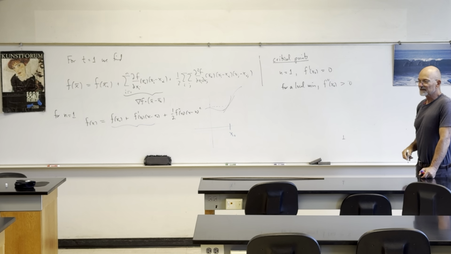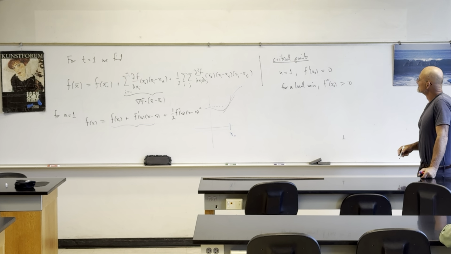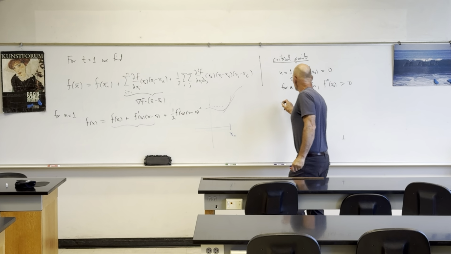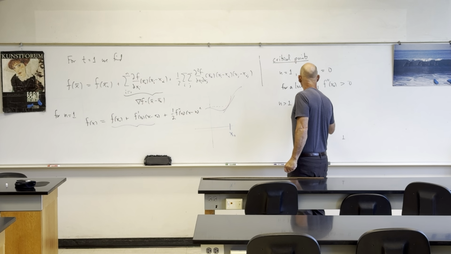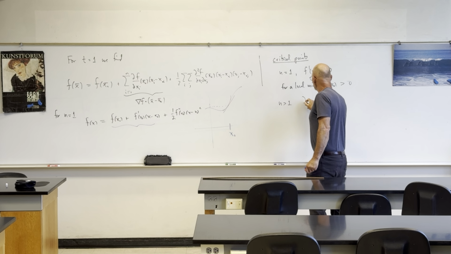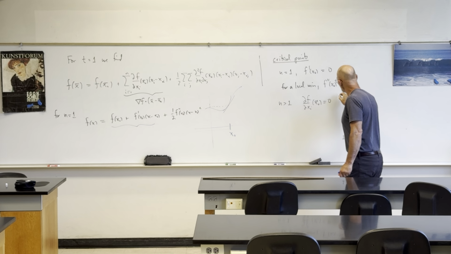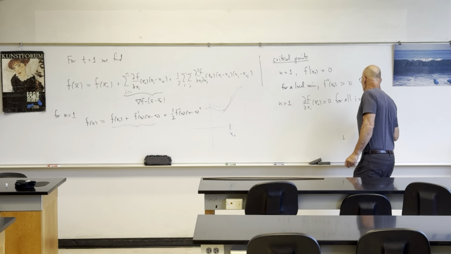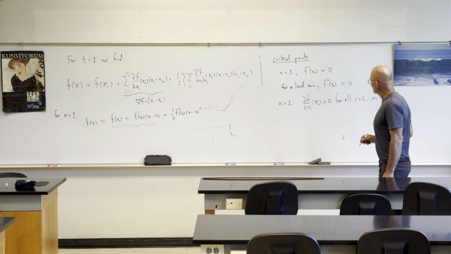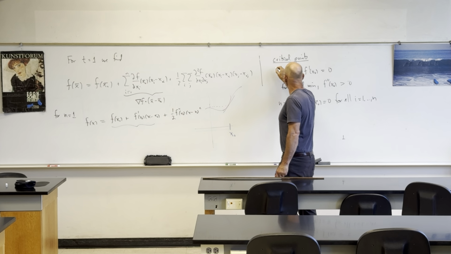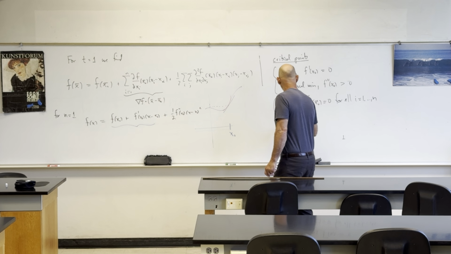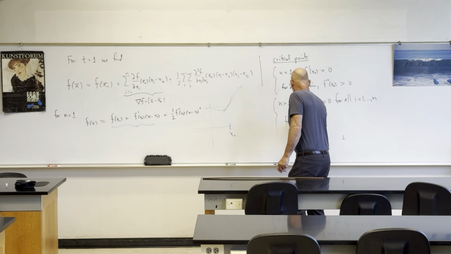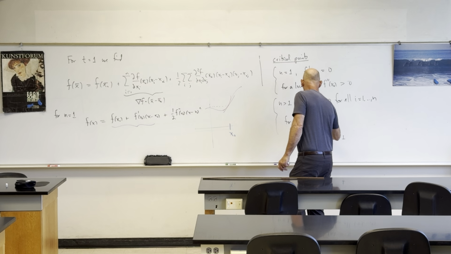That's the way we learned calculus the first time around. For n greater than 1, we have the partial of f with respect to xi at x0 equals 0 for all i in n. And so this was this here. Okay.